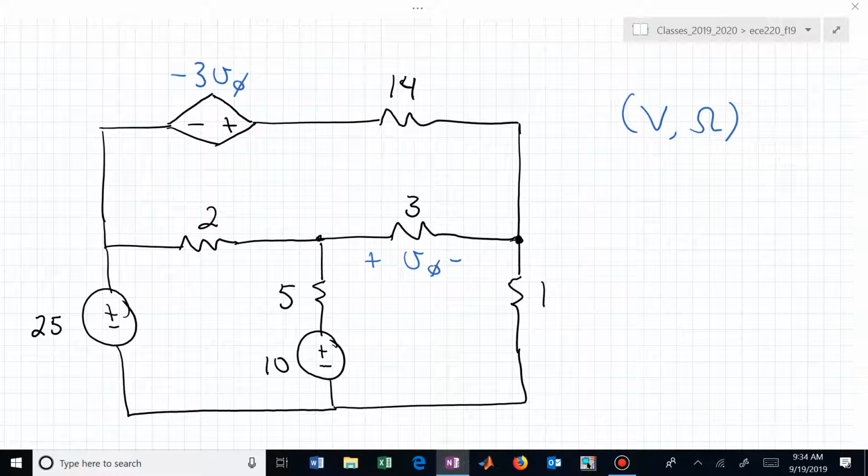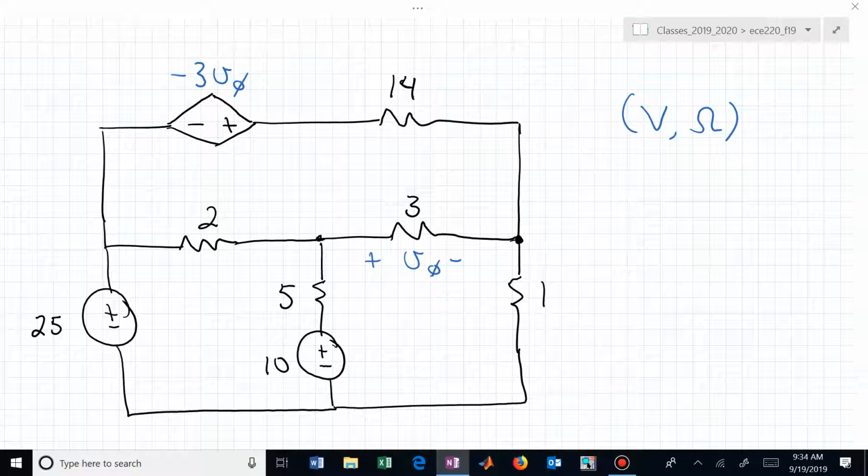is kind of mixed up, meaning we have polarity labels on the dependent source, and then that particular dependent source is specified to possess a voltage of minus 3 V sub phi, where V sub phi is identified somewhere else in the circuit, and that information would have to be supplied to you.